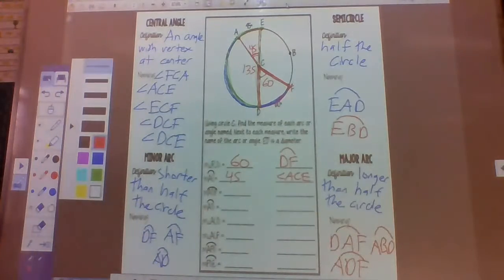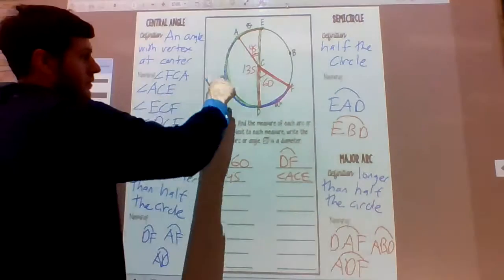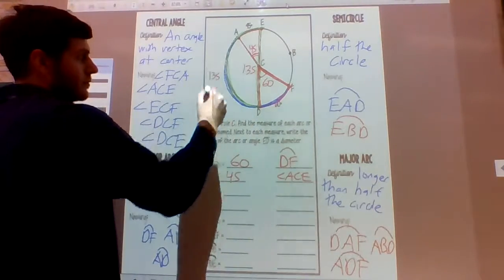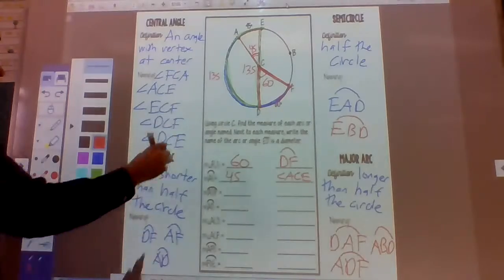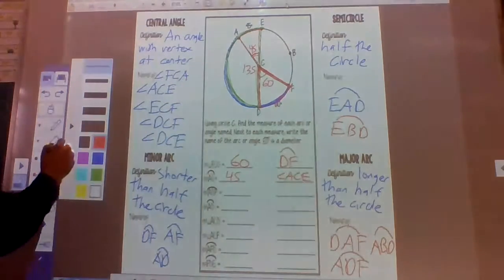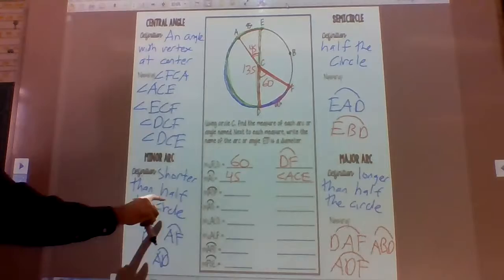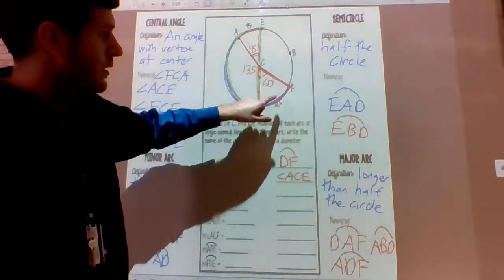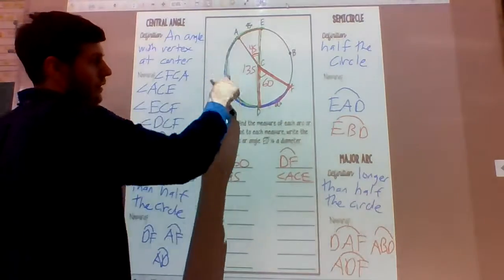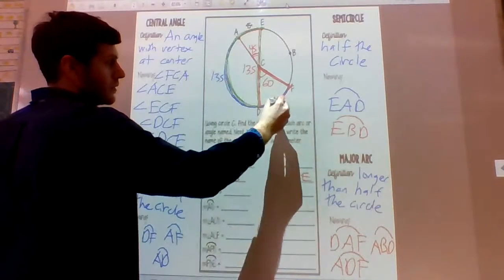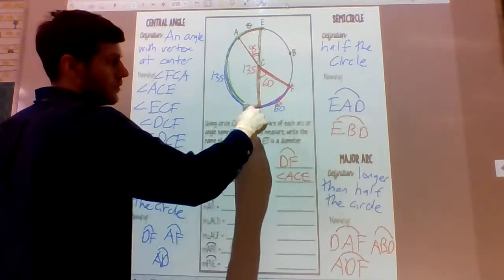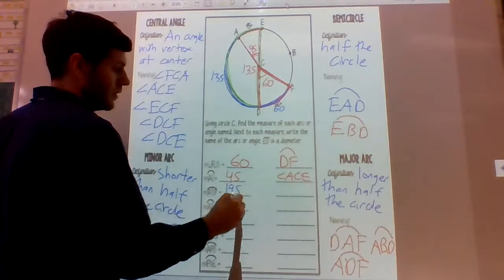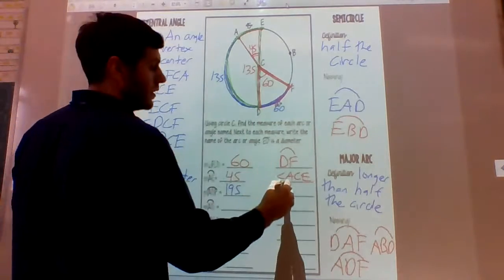Which also means that this arc length here, AD, is also going to be 135. So the measure of ADF is then going to be 135 plus 60, right? So this is 135. This is 60. So 135 plus 60 is going to give us 195. The associated central angle is angle AC.